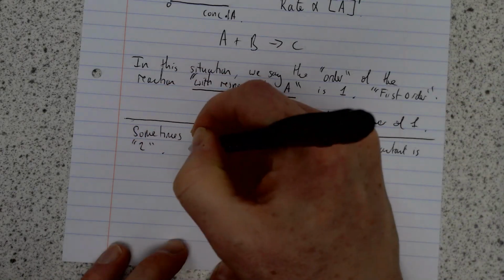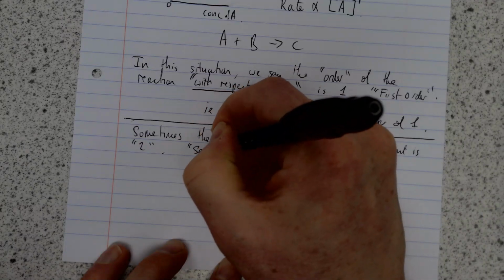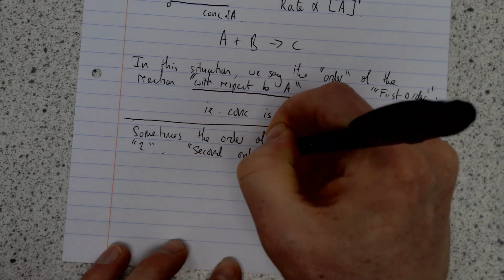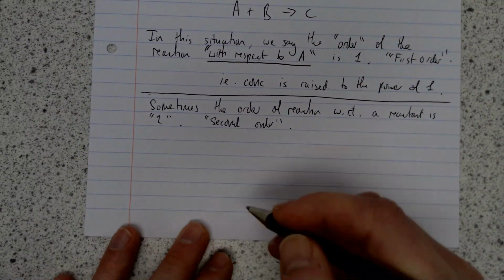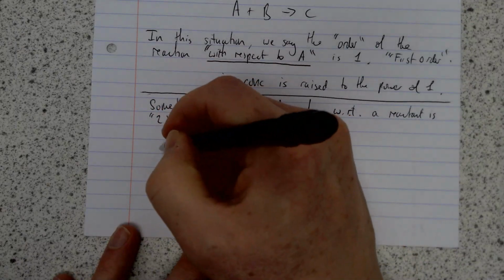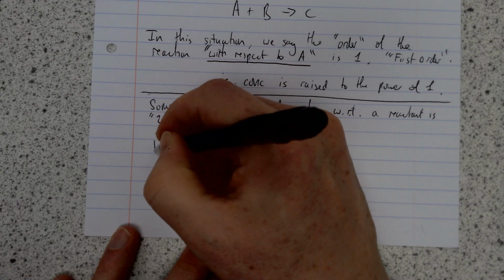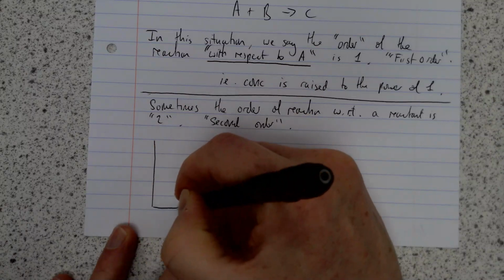In other words, it's what we call second order. And we'll explore next week sometime what that kind of means in terms of how the reaction works. But for now, we're just going to consider what the relationship is.